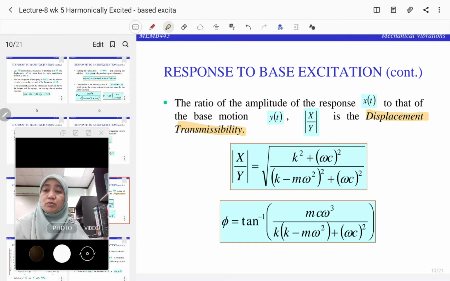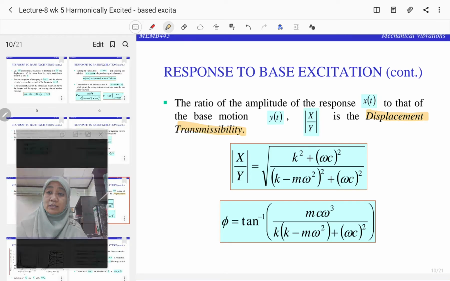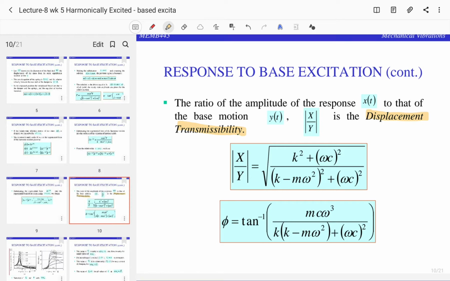Displacement transmissibility is the ratio of your output, which is capital X, over the input amplitude, which is capital Y. You can also get the phi from this equation in terms of the variables.